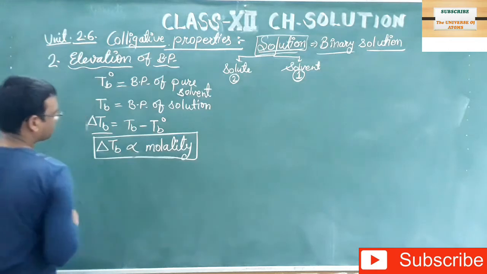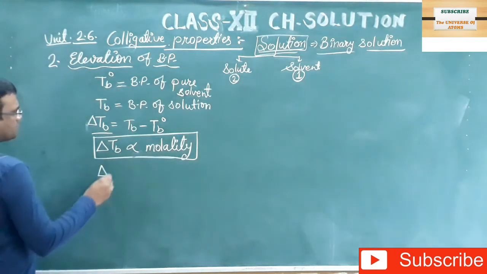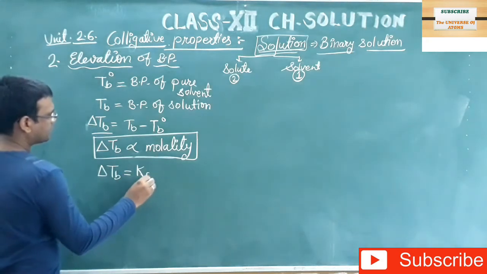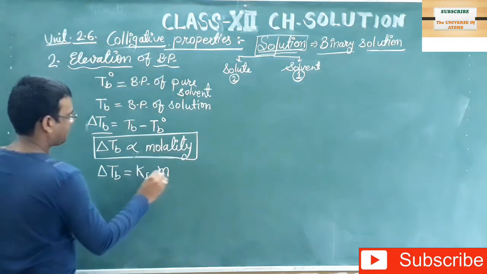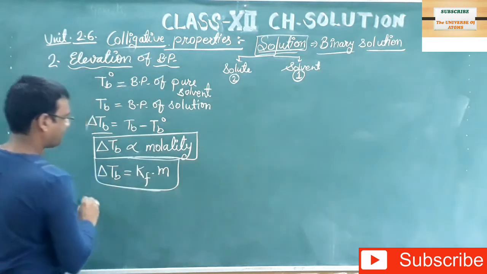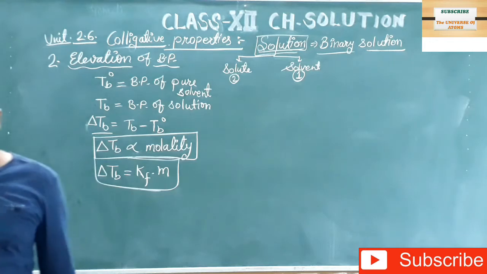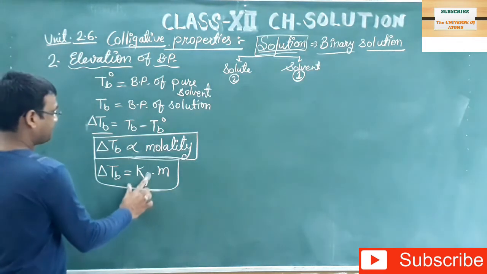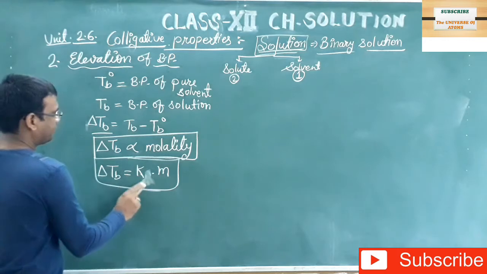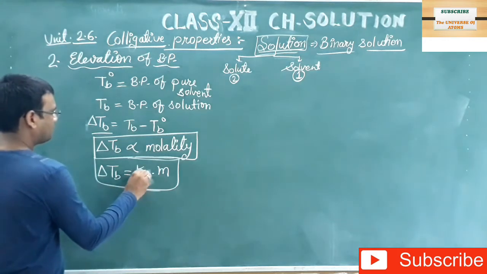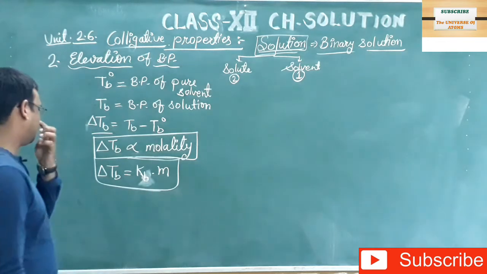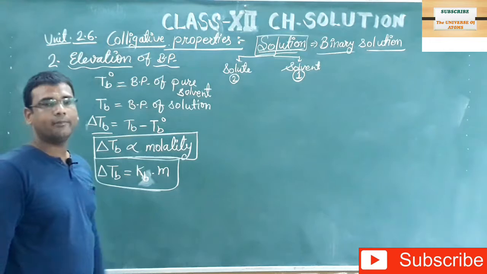Let us remove this proportionality sign. If we remove it, we get another constant, and that constant is called Kb. Kb is very important. Sorry, Kb, not Kf. B is for boiling, F is for freezing. Delta TB is equal to Kb times small m.